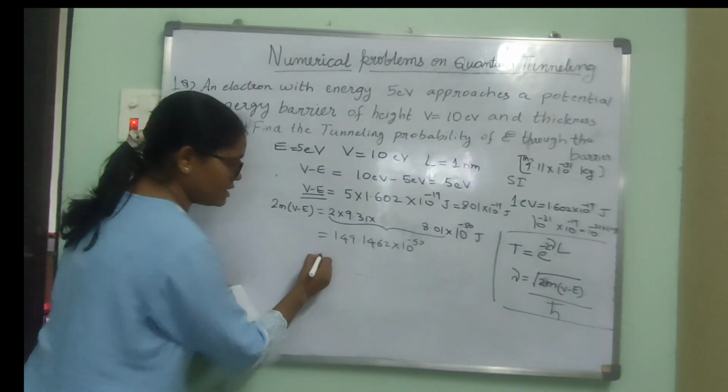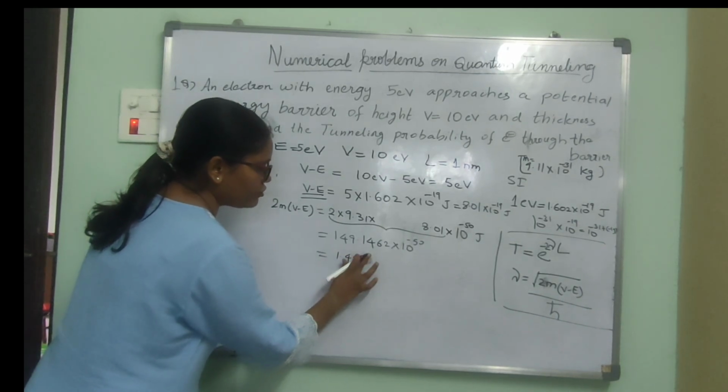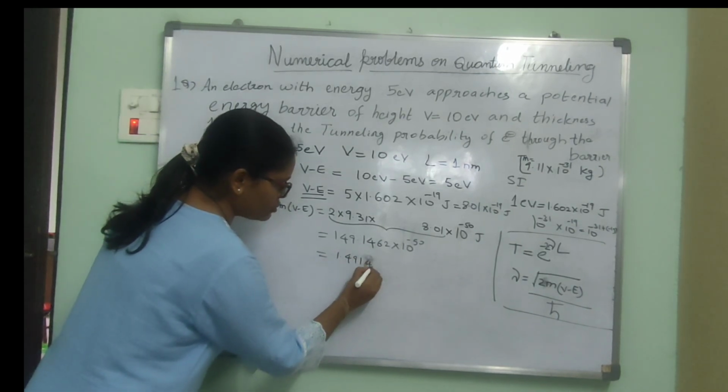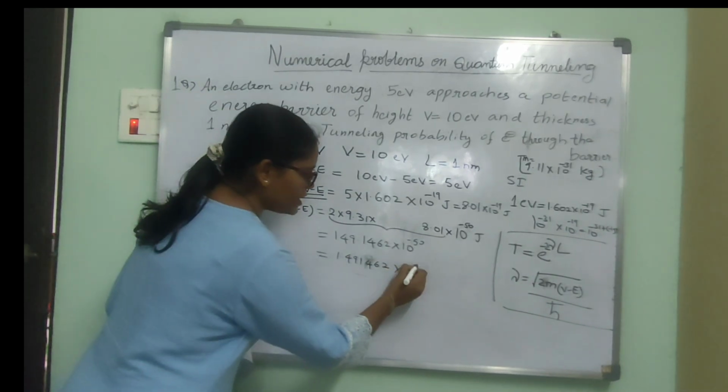I can write it as 1.491462 into 10 power minus 48.